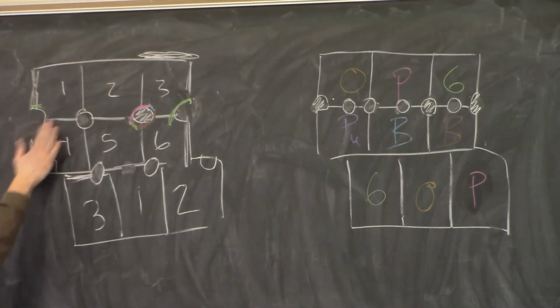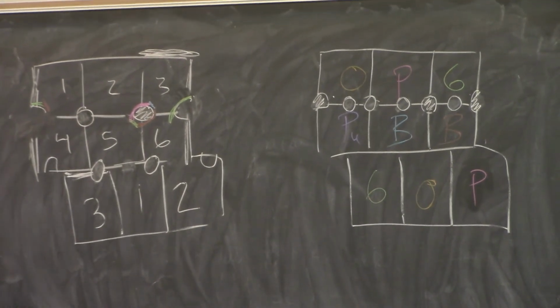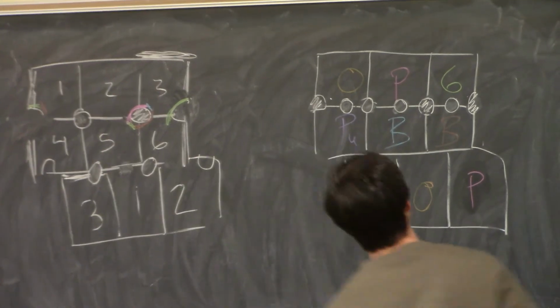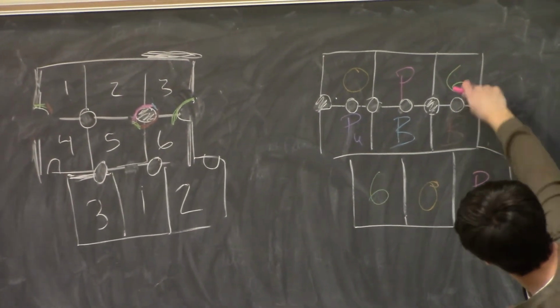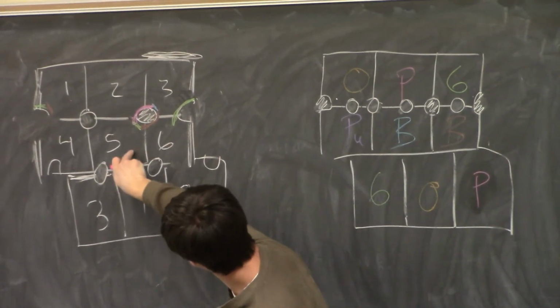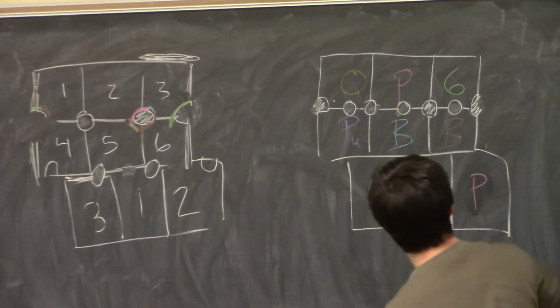No, I'm sorry, these are faces. This one just touches 1. So now on these two identifications, the green and brown regions have both touched regions 5, 6, 3, and 1.